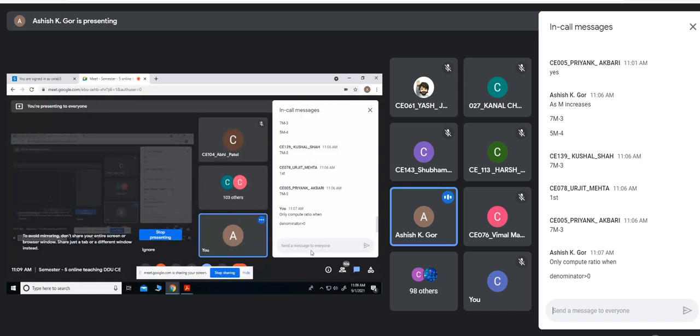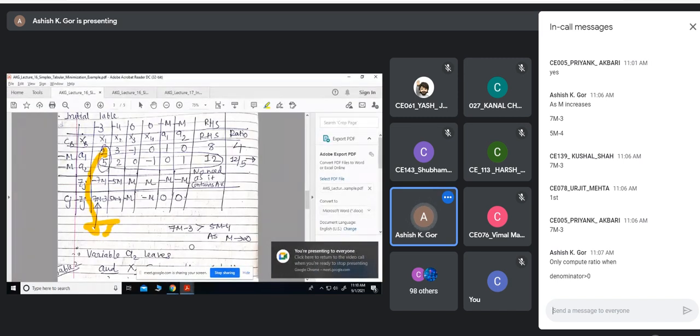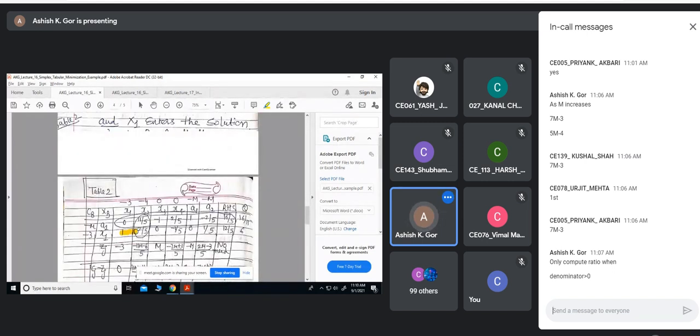Anybody? Priyank, Urjit, Kushal, Keval? The new value, this is divided, right? 5 by 5 is 1, 2 by 5, 0, minus 1 by 5, 0, 1 by 5, 12 by 5, which I am getting. This is clear, right? How? So this is 0, this is 11 by 5. How?